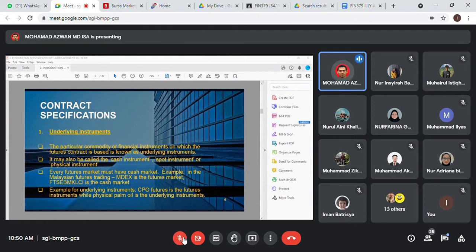Okay, March, June, September, December. So March, June, September FKB3 this year dah expired. Dah tak ada. So yang tinggal apa? December tu. So yang tinggal hanya December FKB3.